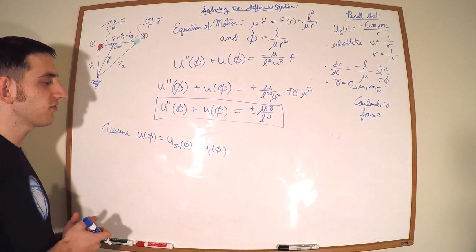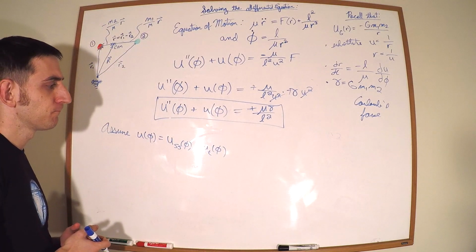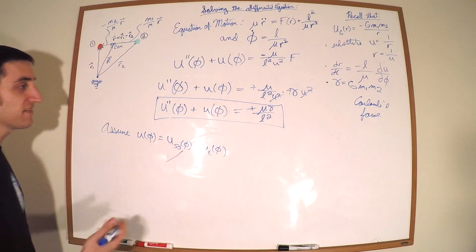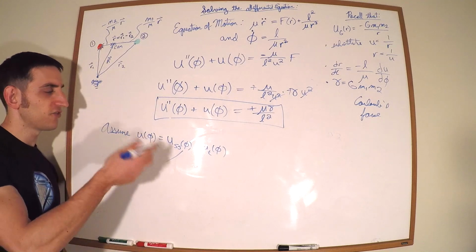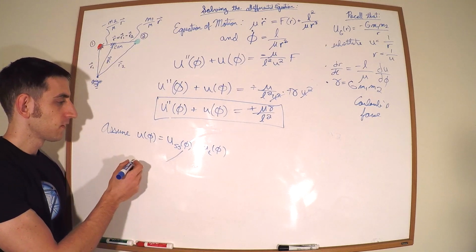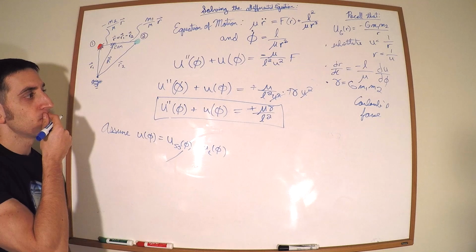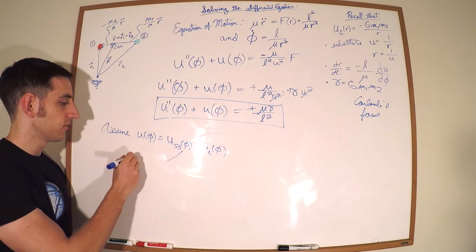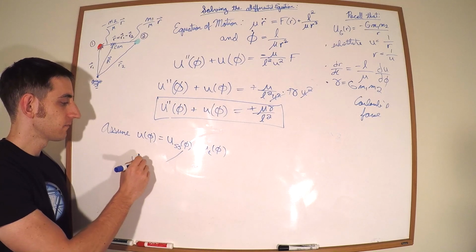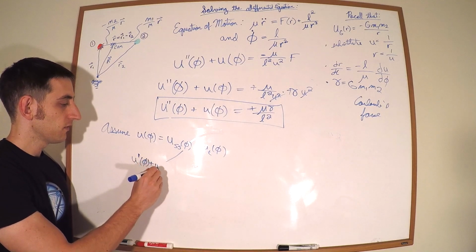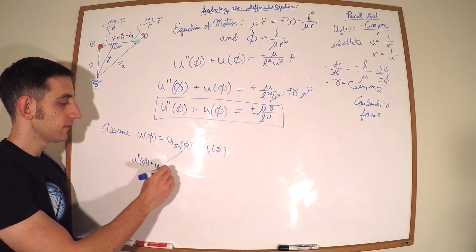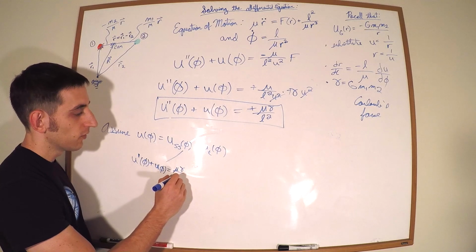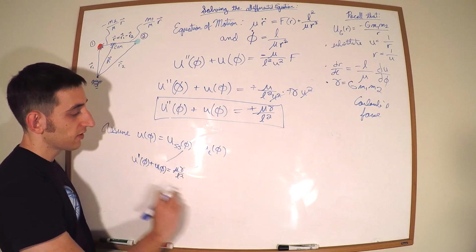But there is also a mathematical interpretation. The steady state solution is going to be u prime prime sub phi plus u sub phi equal to mu gamma over L squared. That's the equation of motion for that.